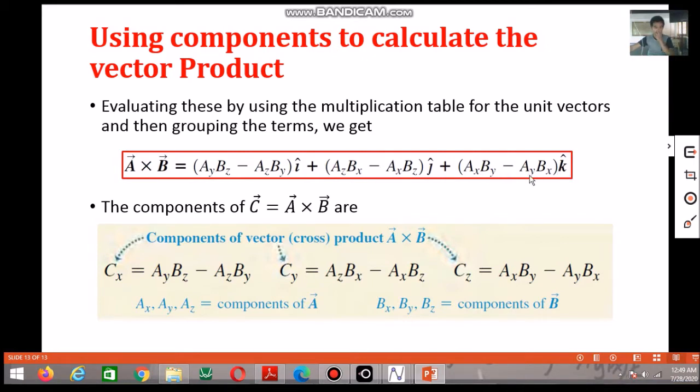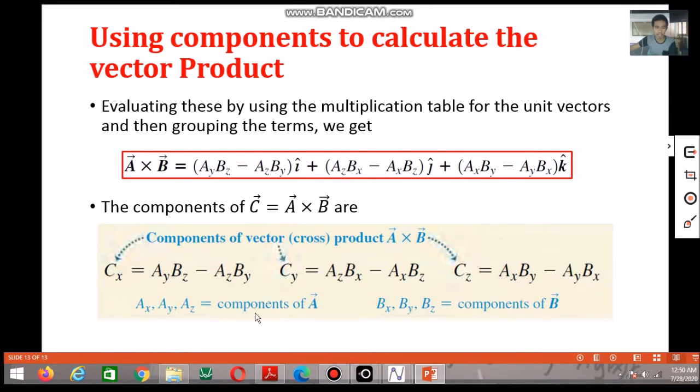Okay. If vector C equals the cross product of vector A and vector B, then the x component of vector C is ay bz minus az by, right? And then the y component of vector C is az bx minus ax bz, and the z component of vector C is ax by minus ay bx.